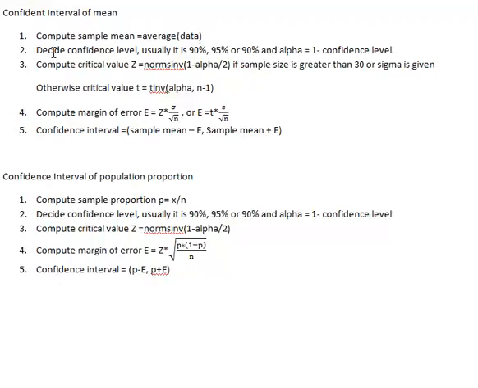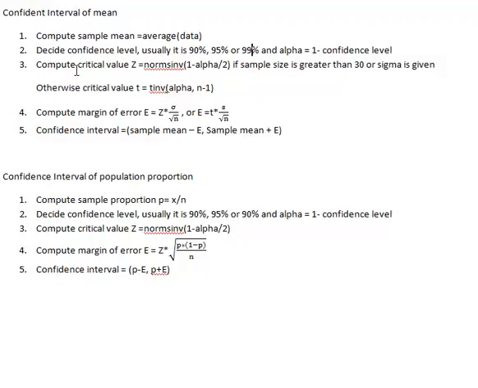The second step, we want to know the confidence level. Usually it is 90%, 95%, or 99%. And alpha will be 1 minus the confidence level, so usually alpha is 5%, 1%, or 10%.